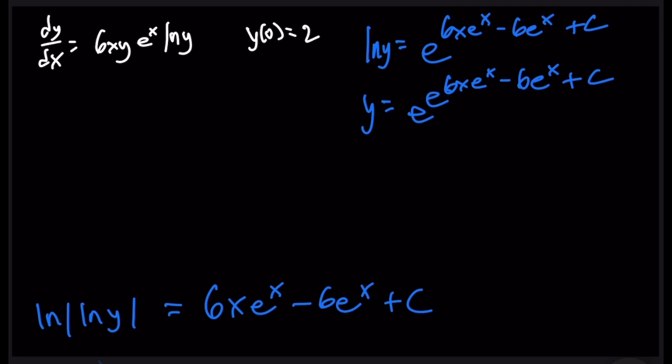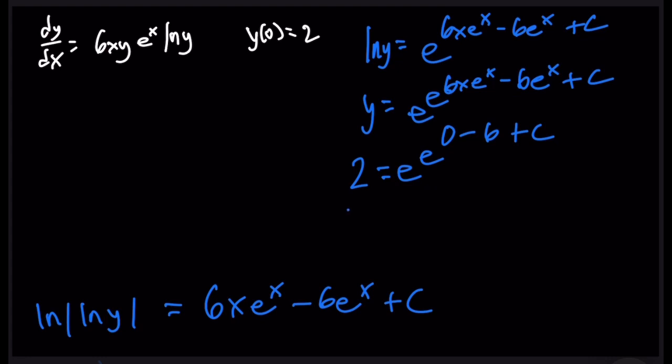And here we can just solve with our y of 0 term. We plug in 0, we get 2 equals e to the power of 6 times 0, which is going to be 0, so this term is going to be 0, minus 6 e to the 0, which is 1, plus c.